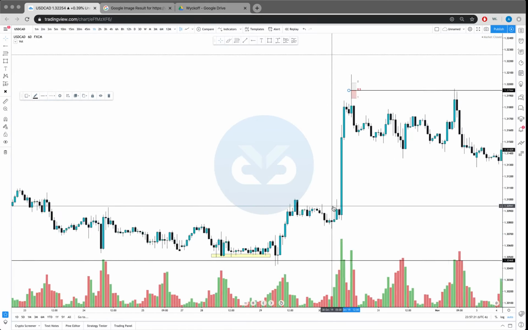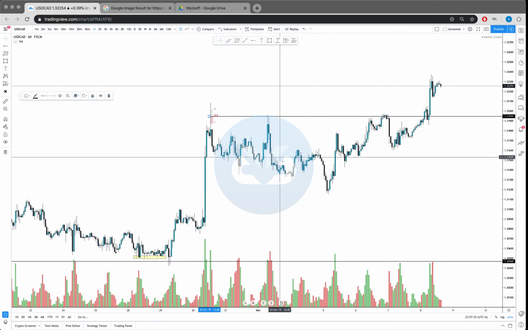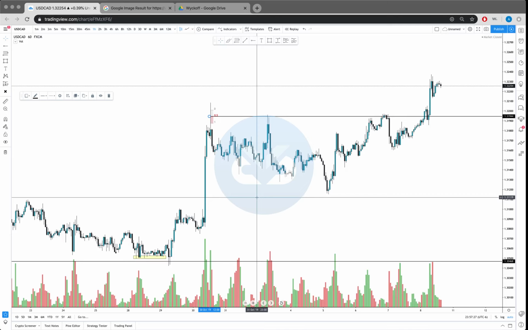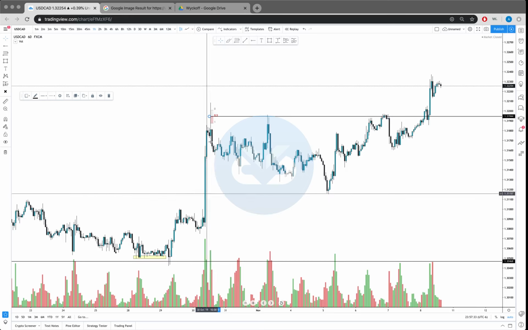So now that that's in place, I'm thinking this is just going to fall and fill up all of this inefficient pricing. But obviously that didn't happen.